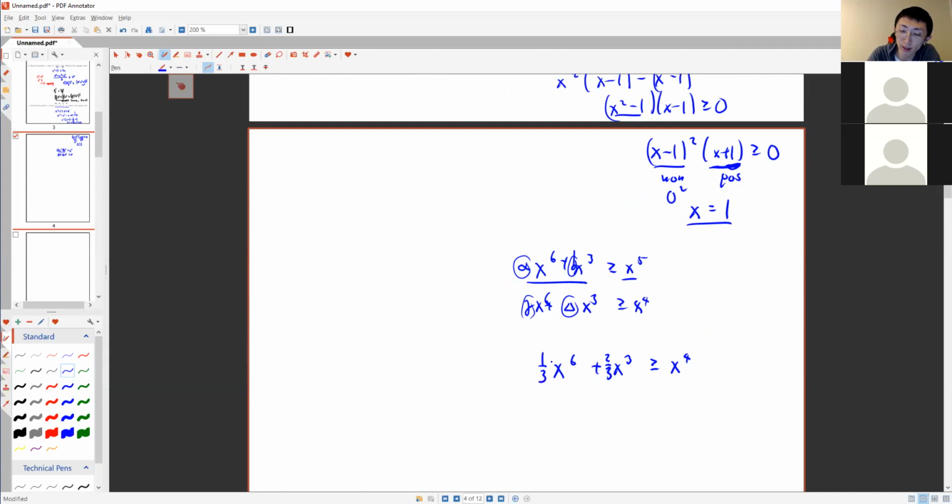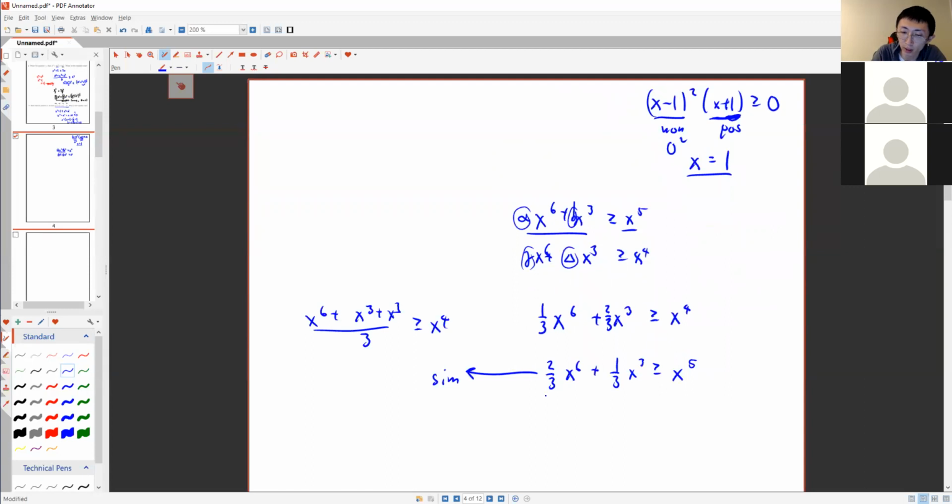So this is true by the weighted AM-GM, and then we can weight this by 2/3 and this by 1/3, and this will be true. If we want to write it the original way, it's the same as the previous problem, and we can do similarly here. So then we just add these two and we're done.